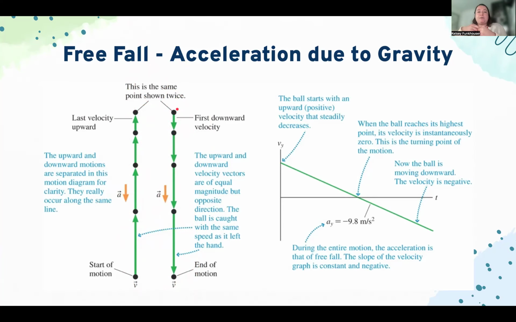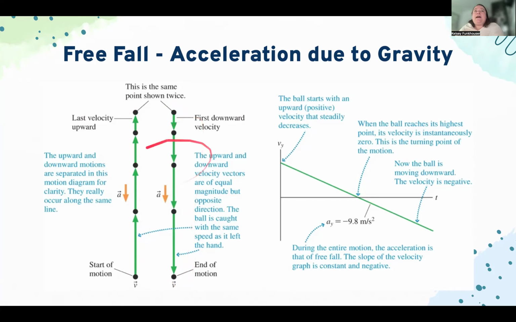It's going to cause the object to speed up. So when we go from the ground and throw up, our velocity gets smaller until it reaches 0. And then when it turns around and heads back down, it gets larger until it reaches the maximum value.